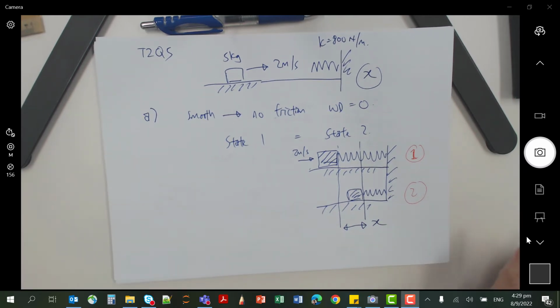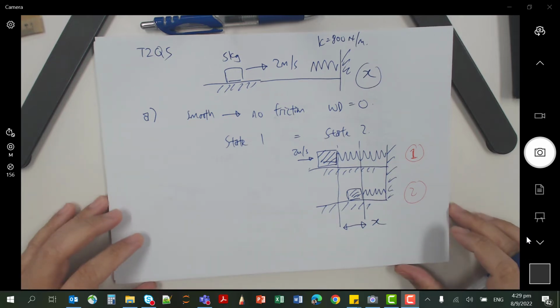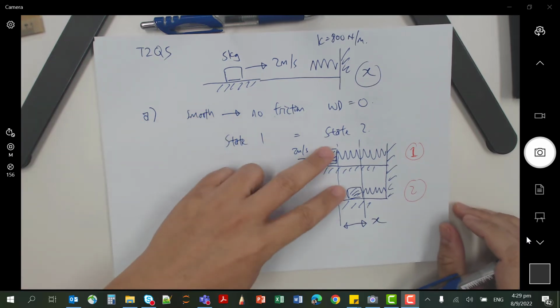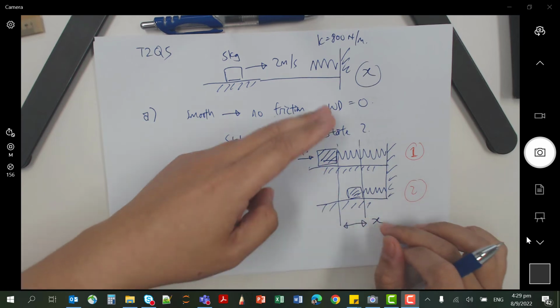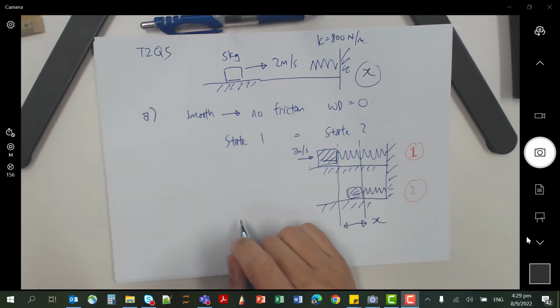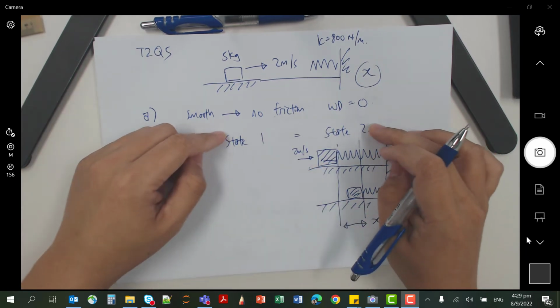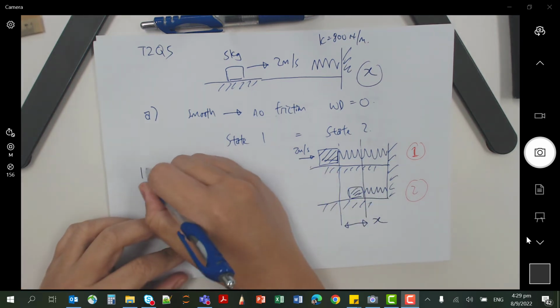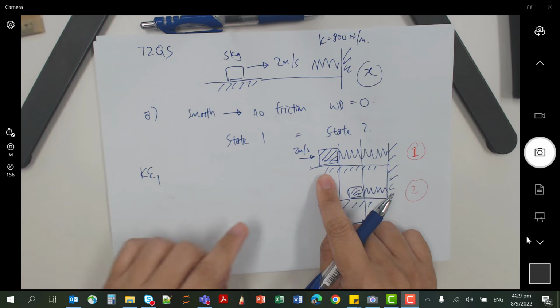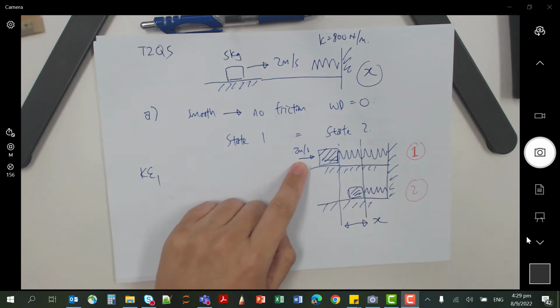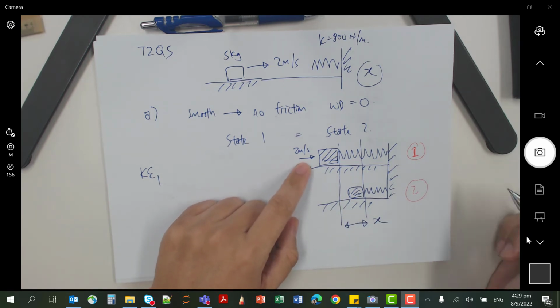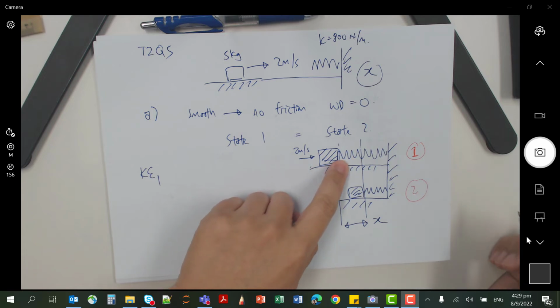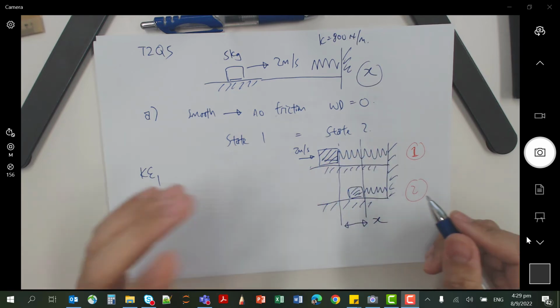Okay, so then we look at state 1 and state 2. State 1, what do we have? We don't have potential energy for both cases because there's no height difference. So PE equals 0 for both sides. KE, there is a translational KE at state 1. Spring energy, it is still not compressed, so there's no spring energy.